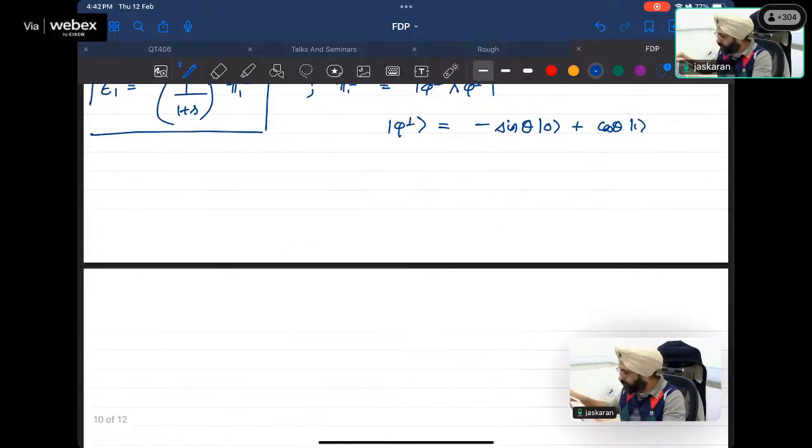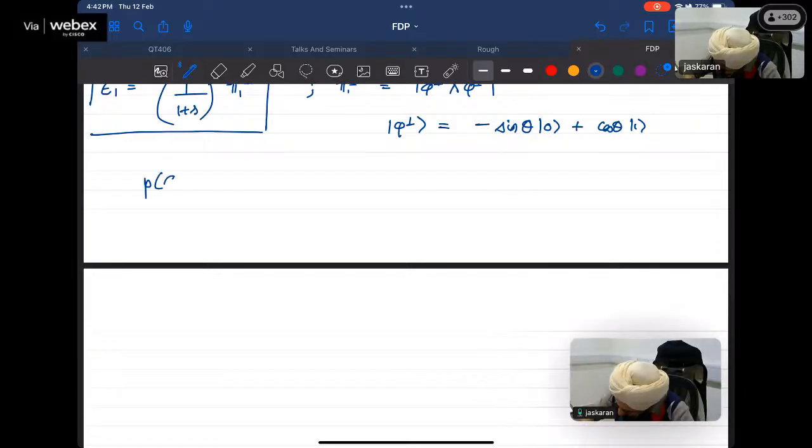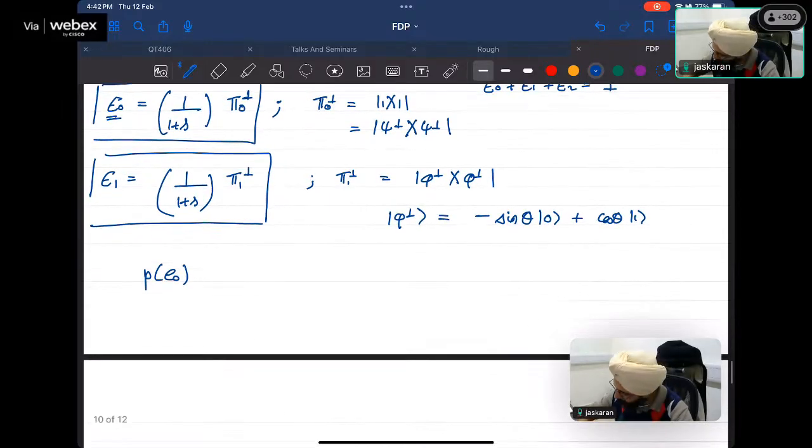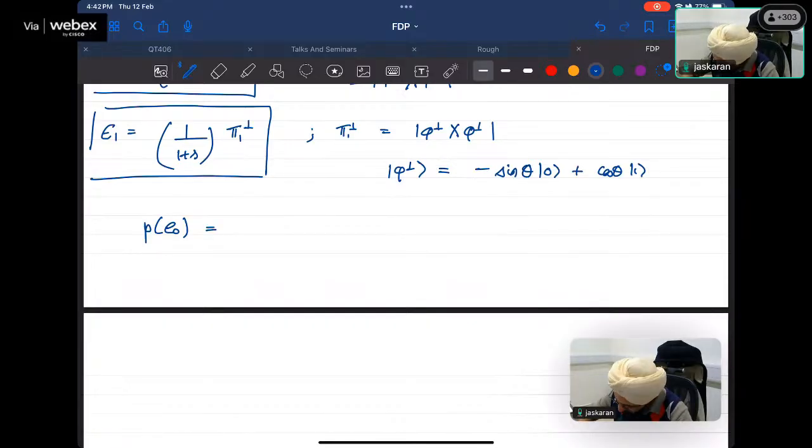In this case, let us see what we get. The probability of getting the outcome corresponding to E0, which tells me that I got a click corresponding to capital E0, is given by trace of the state times E0, which is 0.